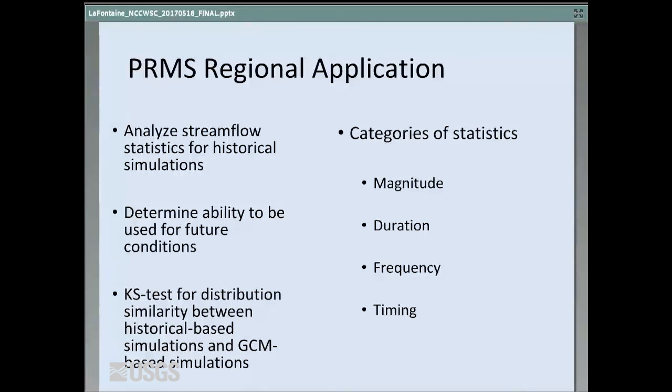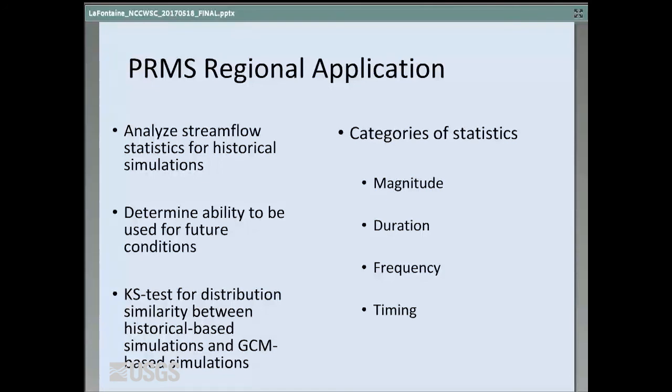And so in order to determine which statistics we could have some confidence in, once we computed them, that they represented similar distributions using the historical Maurer-based inputs, as well as the downscaled global general circulation model driven simulations, our methodology was to look at the historical records for the Maurer-based simulations and the historical record of the GCM-based simulations, and see if when we compute these streamflow statistics, do we get similar distributions?